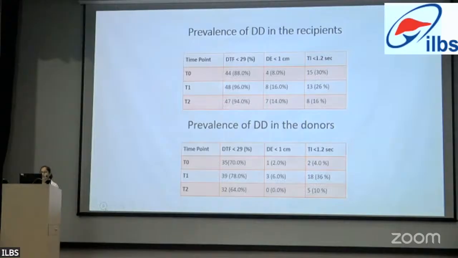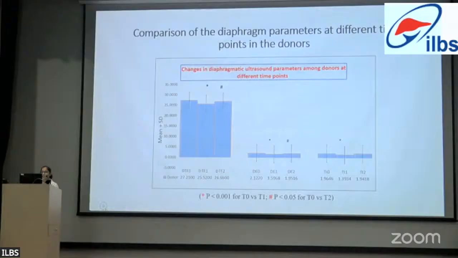In donors, the prevalence of diaphragmatic dysfunction based on diaphragmatic thickening fraction at baseline was about 70%, and 30 minutes after extubation the prevalence increased to 78%, and at T2 it decreased to 64%. This is a bar diagram showing the comparison of diaphragm parameters at different time points, where we can see that in diaphragm thickening fraction from baseline, that is from T0 to T1, there is a statistically significant decrease in DTF, followed by a further decrease at T2.